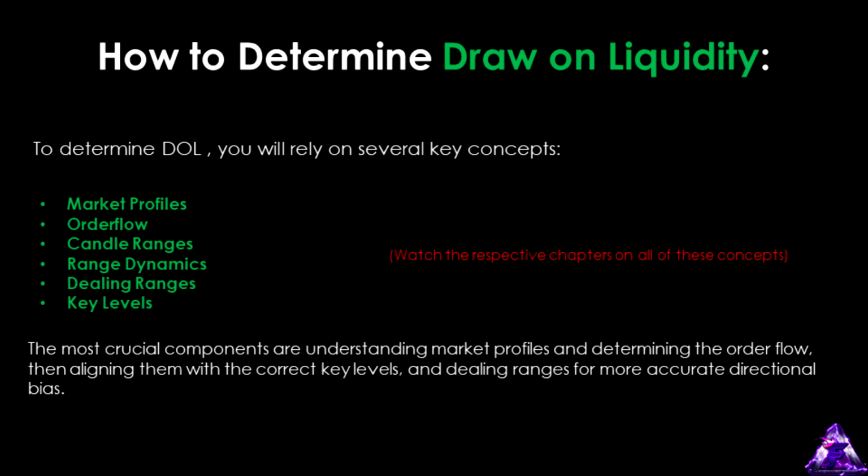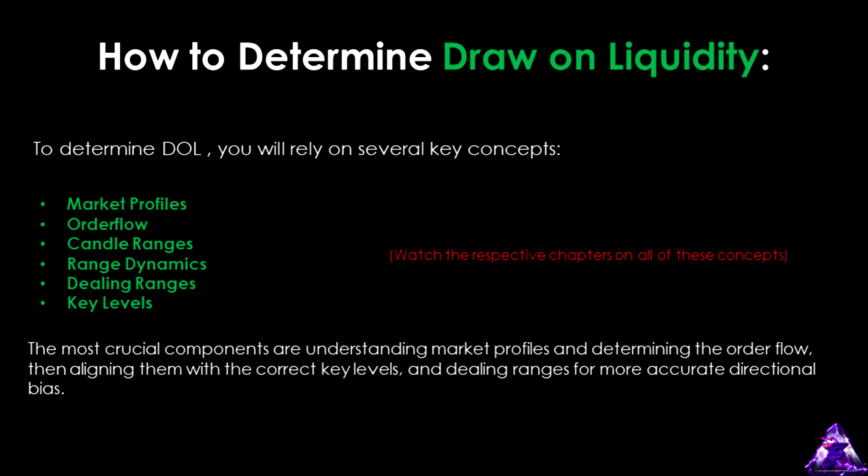Last but not least, range dynamics, dealing ranges, and key levels, specifically higher time frame key levels. They help us anticipate and determine draw on liquidity. Currently, the two main and most important concepts to use initially for gauging and assessing price are market profiles and order flow.